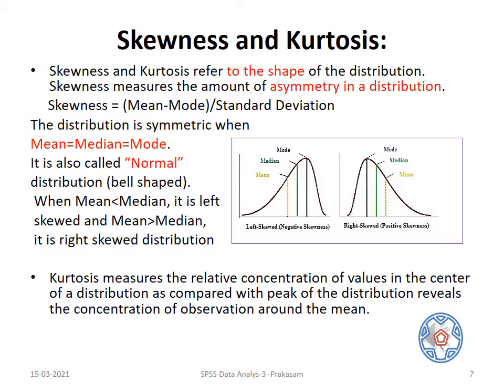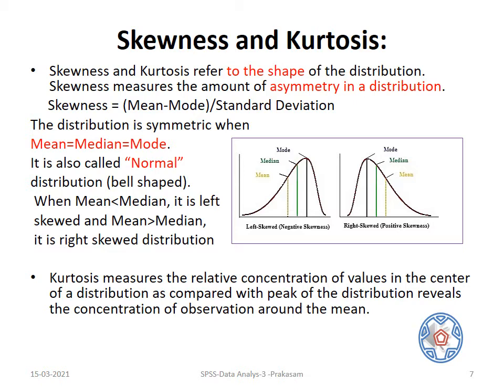Next one is the kurtosis. Kurtosis is a measure of the relative concentration of the values in the center of the distribution. That means it is a peak value at the center, whether it is normally peaked or extensively peaked. When the standard deviation is very, very low and the mean is very, very high, then the peak will be very high.